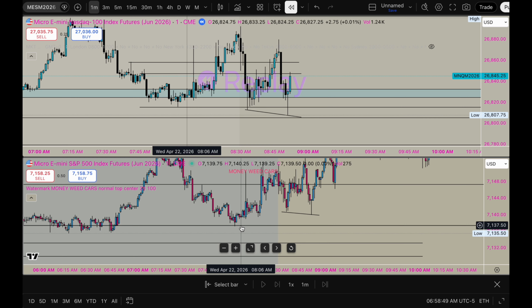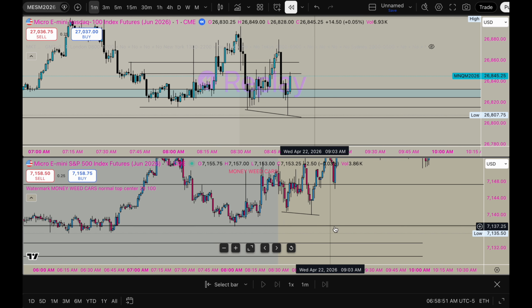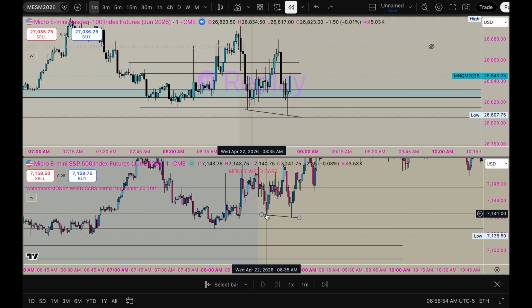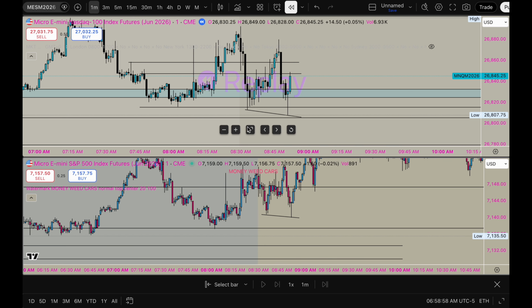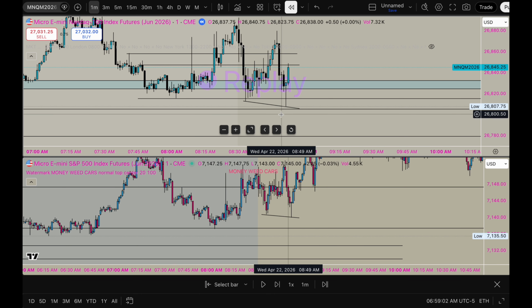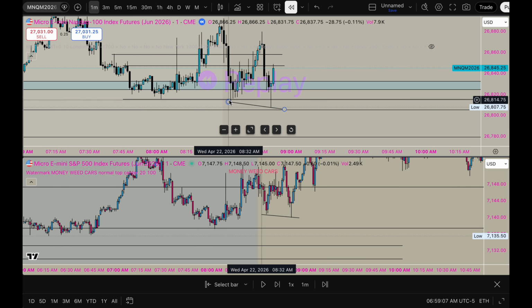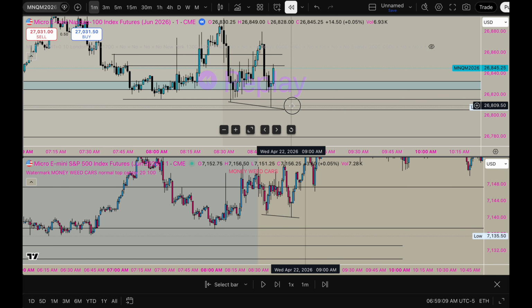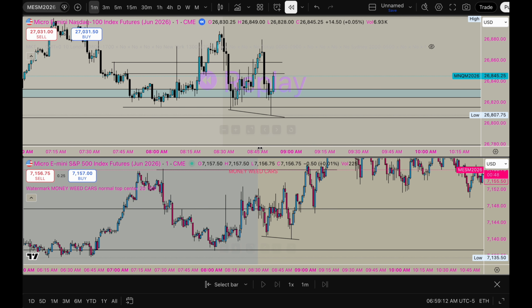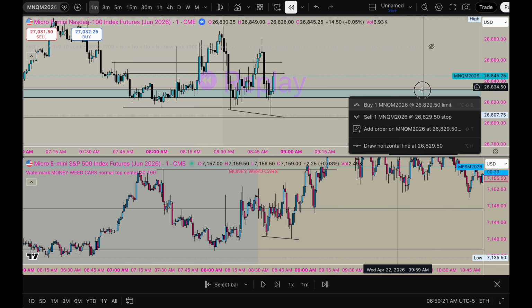So that would be considered an SMT divergence, where one price makes a lower low and the other does not. That's an imbalance in price. And you can sometimes enter on the candle as it's forming, or you can enter at the open of the next candle and set your stop where the original SMT candle originated from.